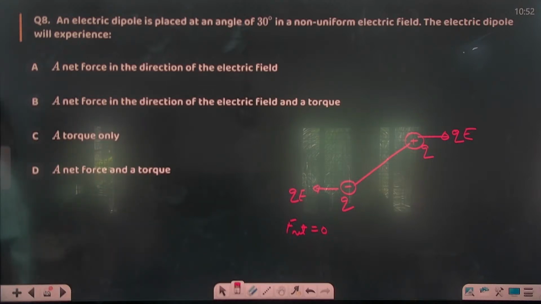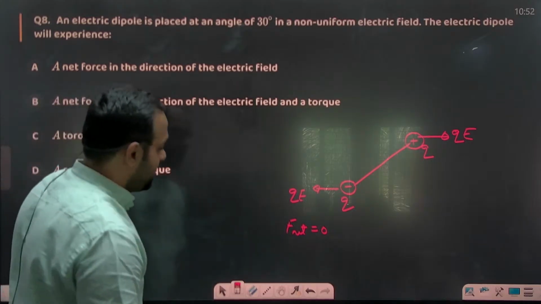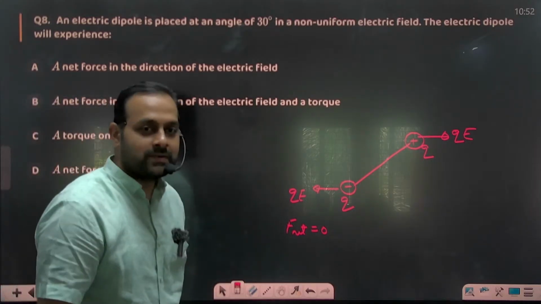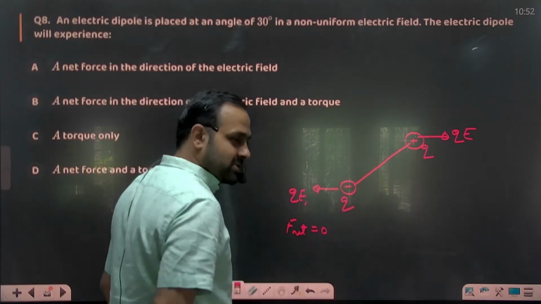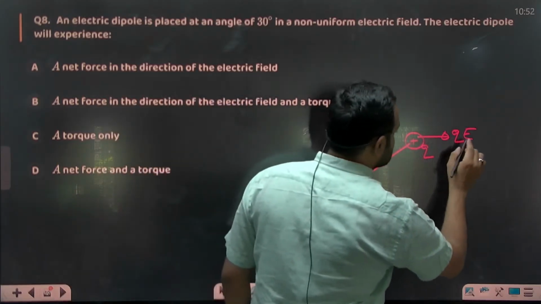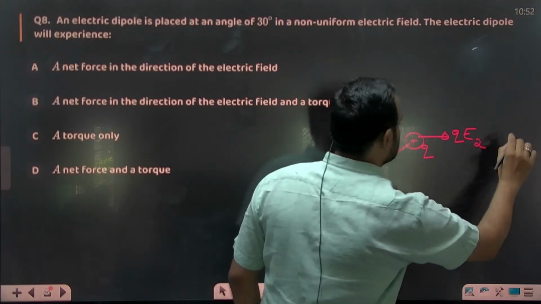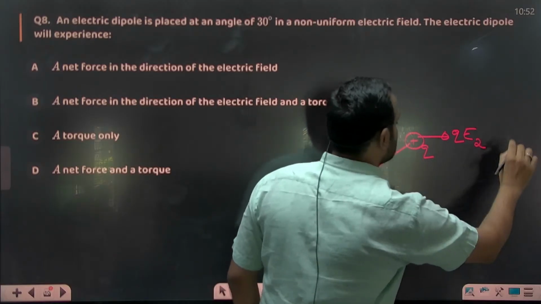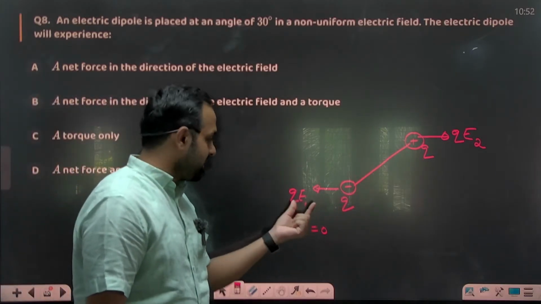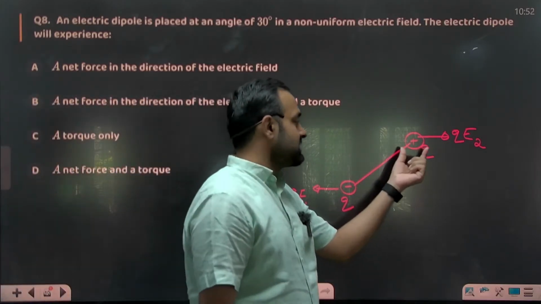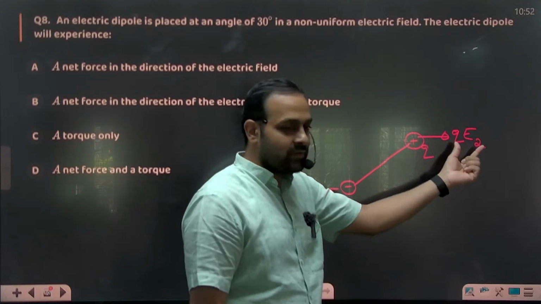Non-uniform means the electric field is not uniform, which means if the minus Q experiences electric field E1, the plus Q will experience a different electric field, E2.